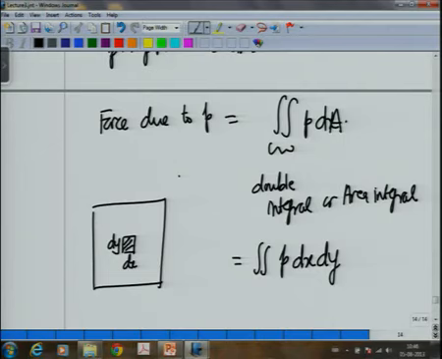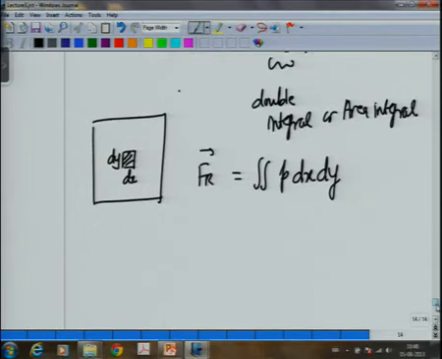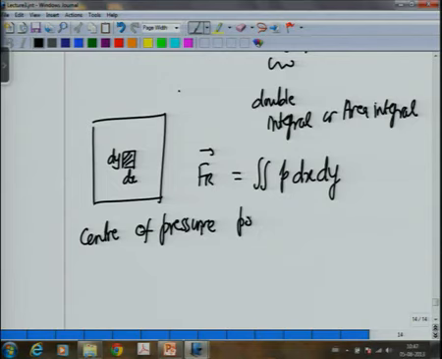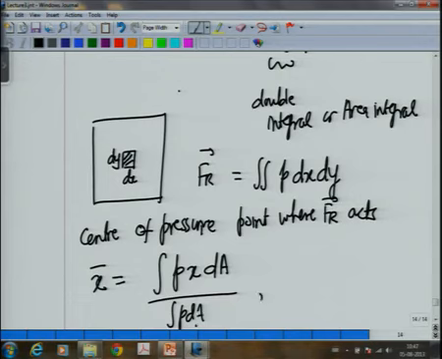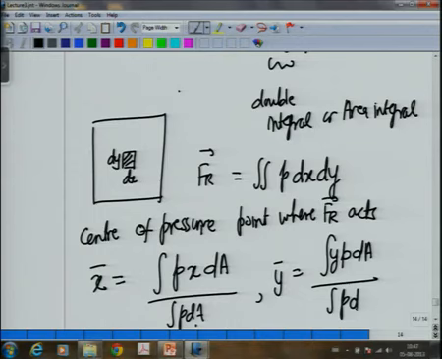And in this case this is what Fr is, and center of pressure is the point where Fr acts, and we have x bar is equal to integral Px dA divided by integral P dA, and y bar is equal to integral y times P dA divided by integral P dA.